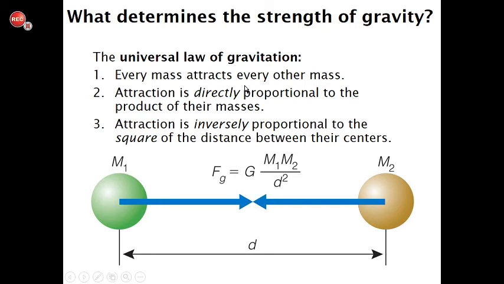The strength of the attraction, the force that you feel, is directly proportional to the masses. If I increase one of these masses, if I double it, I double the force. And it's inversely proportional to the square of the distance. So if I double the distance between them, the force goes down to a quarter of its size.